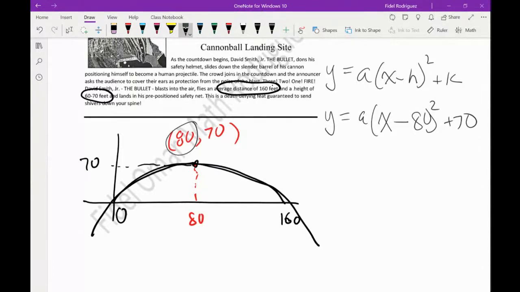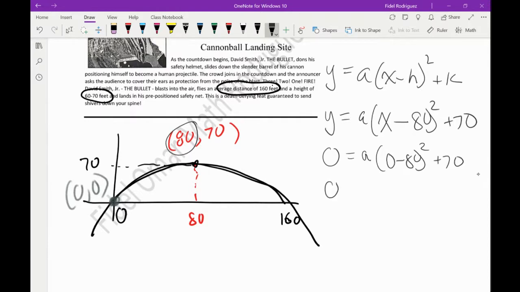So if I were to think about the coordinates of that point right there, wouldn't the coordinates of that point be 0, 0, right? So remember what that means. That means that wherever I have a y, I'm going to put a 0. And wherever I have an x, I'm going to put a 0. Okay. So again, I'm going to go super slow here. 0 minus 80, negative 80 squared plus 70.